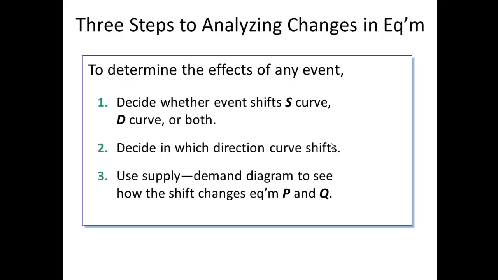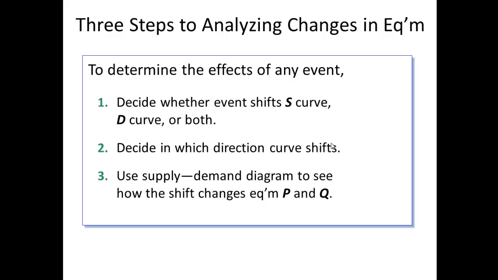To understand what those changes mean, we look at what the effects are, and that helps us determine how we analyze the equilibrium. We do this by first deciding whether the event shifts the supply curve, the demand curve, or both.